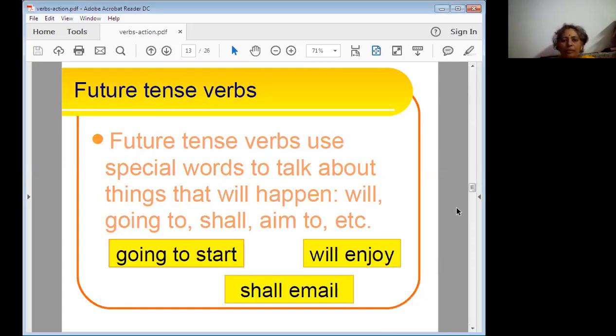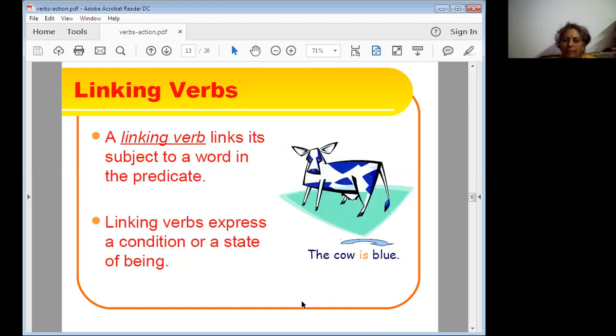Future tense verbs use special words to talk about things that will happen: will, going to, shall, etc. So here, going to start, will enjoy, shall. These words tell us information about future actions.